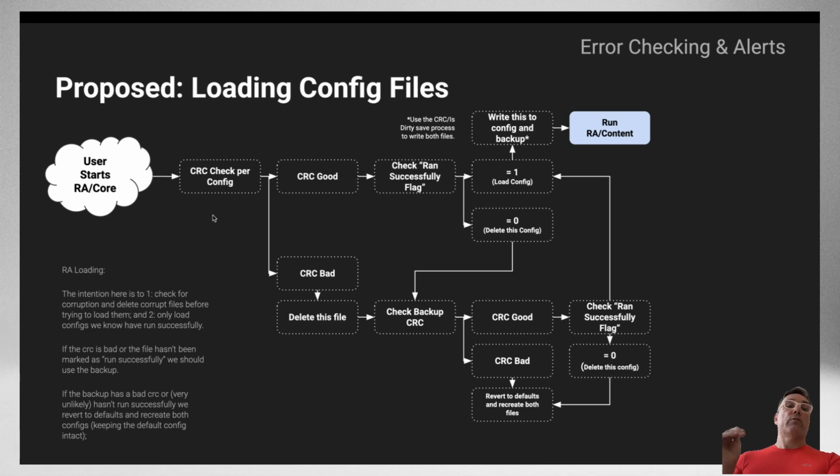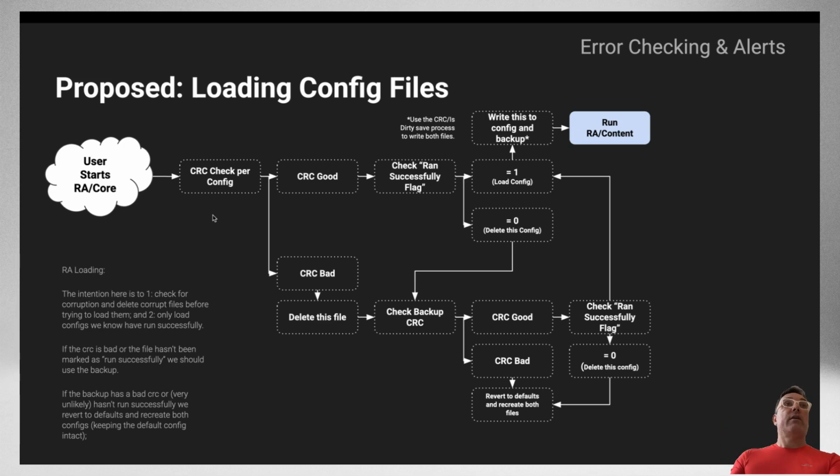So best case scenario is you write file number 1, then you write the backup, the CRCs are fine, you shut the system down, you start the system back up, you do a CRC check on the main file, it's all good, you load it, right? But if for some reason it got corrupted in the save, then the backup, it wouldn't have got to the backup, right, to write it, so the backup should still be fine.